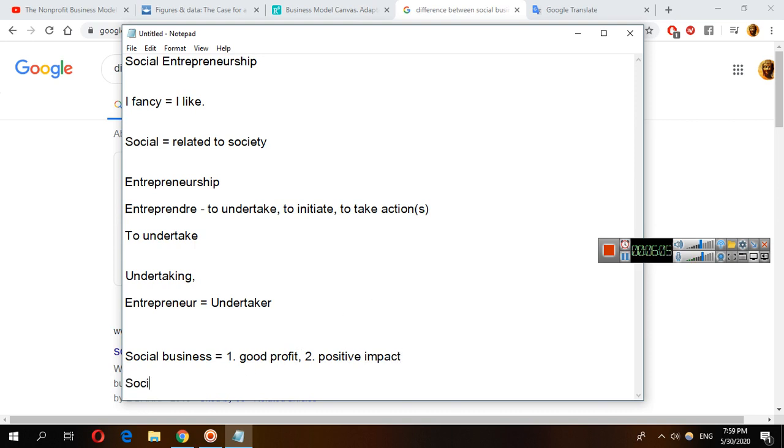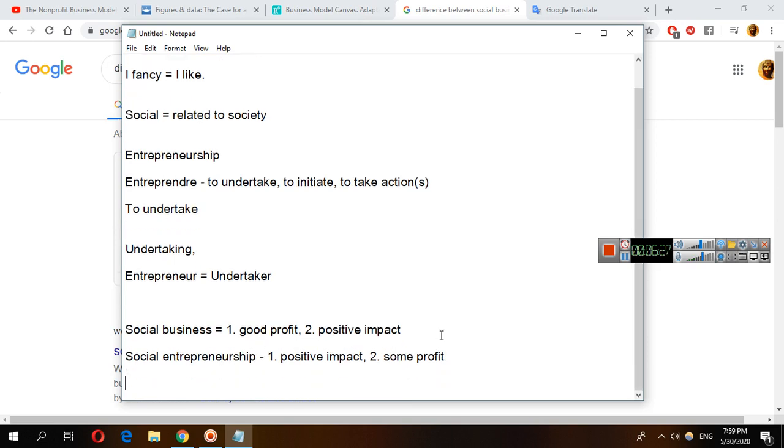And social entrepreneurship would be first of all positive impact and then some profit. And the profit can be good as well with social entrepreneurship, but in general social entrepreneurs give away a lot.